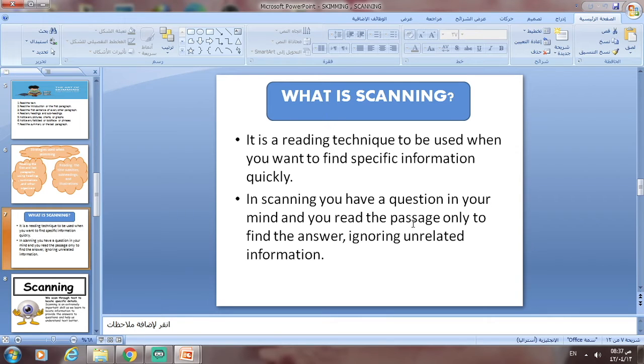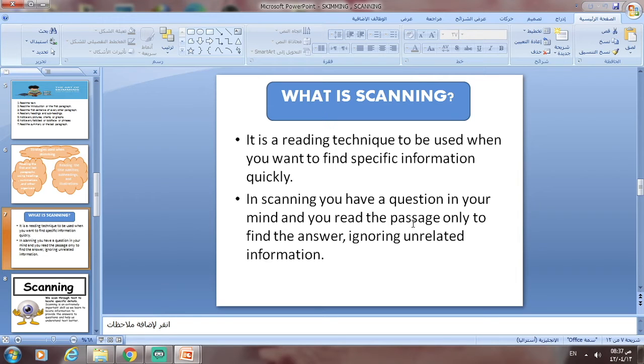So now let's see what's the meaning of scanning. Scanning is also a reading technique to be used when you want to find specific information quickly. So when you do scanning, you put in your mind that there's something you want to find, because you are searching for specific information, okay?